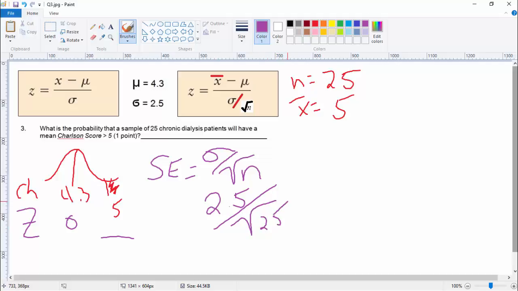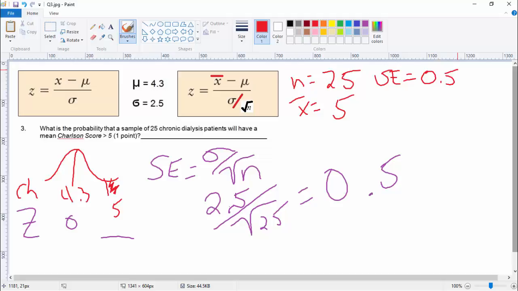Oh, perfect square. So we could probably even do this in our head, but I can't. So this would equal 0.5. That's what our standard error equals. In fact, let's throw it up here: SE equals 0.5. Why not?